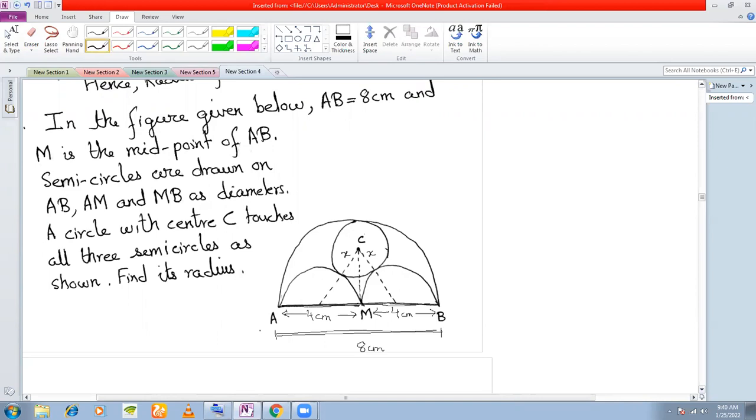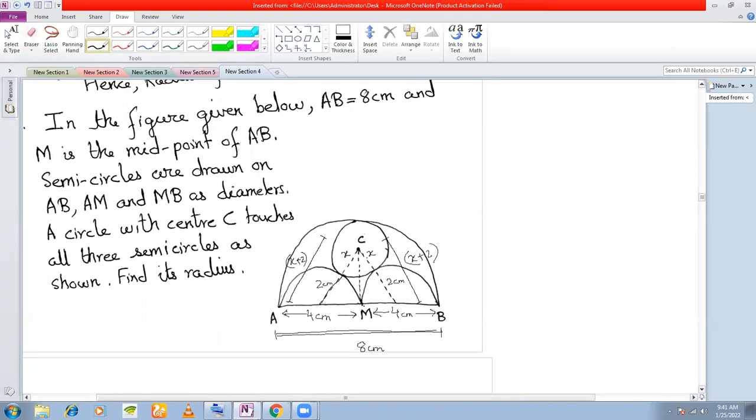So what should be the radius? Radius is only 2 centimeters. So this length here must be 2 centimeters, so that this entire length becomes how much? X plus 2, right? Similarly, this is also 2 centimeters because the diameter is 4 centimeters, so that this length becomes again X plus 2, right? So what does it suggest about the triangle?